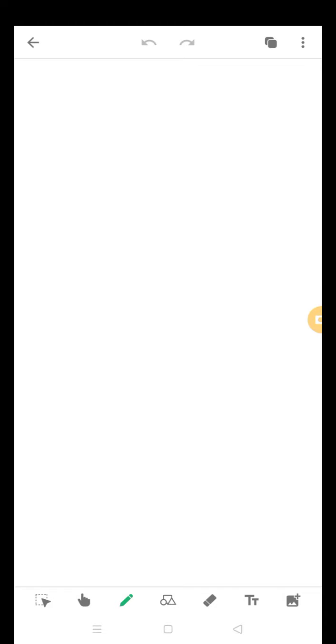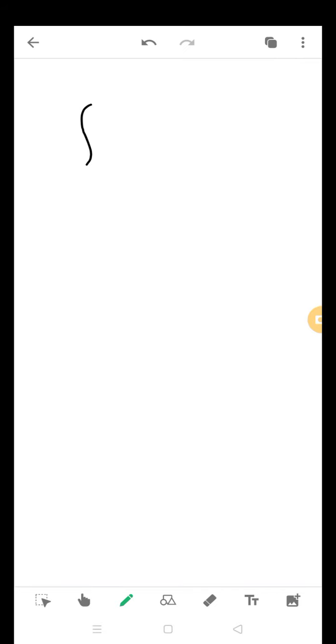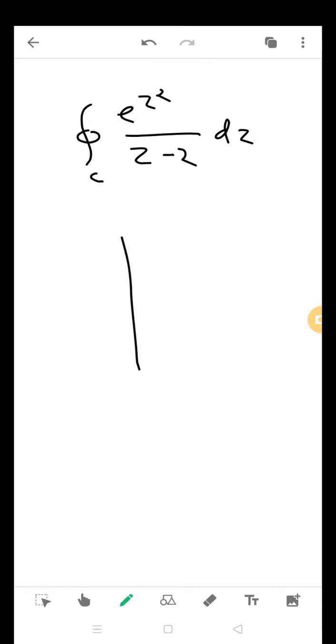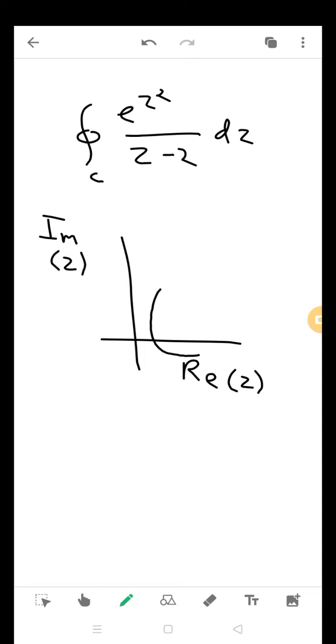For example, if we have been asked to compute the integral of e to the power z square divided by z minus 2, dz, where the contour C is the following. Contour C is like this, and there is a point 2 here.